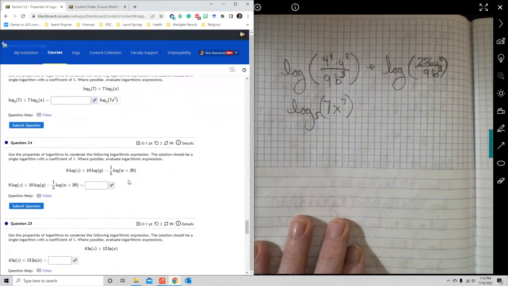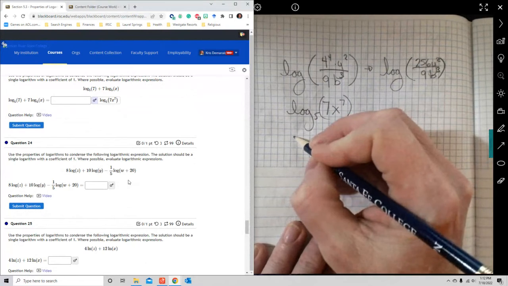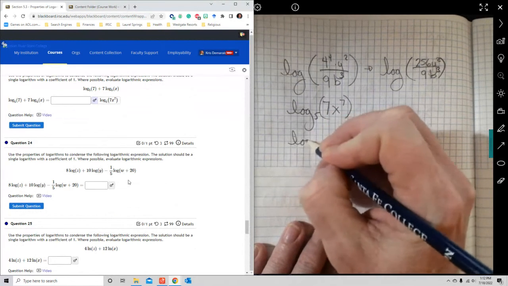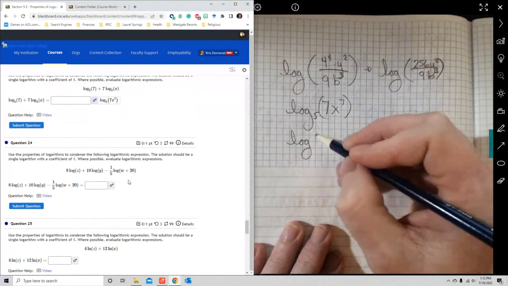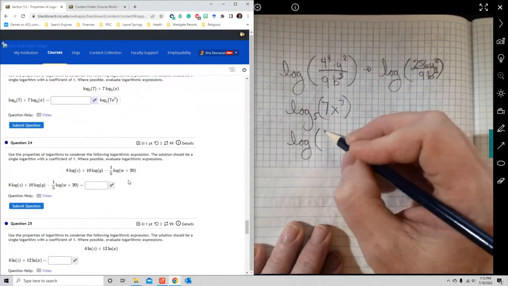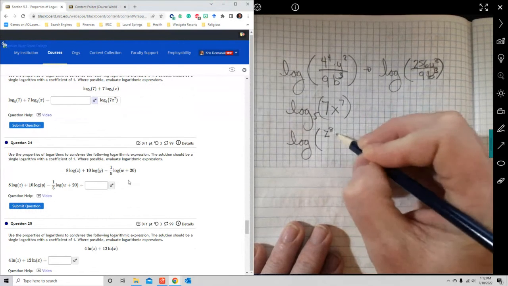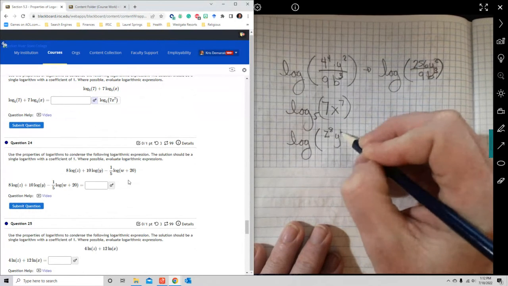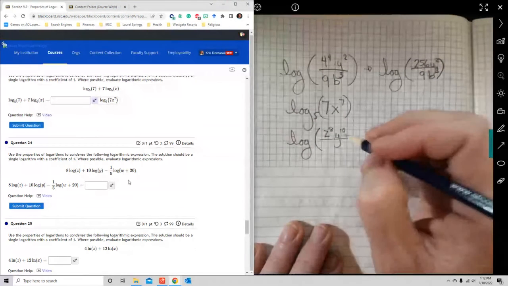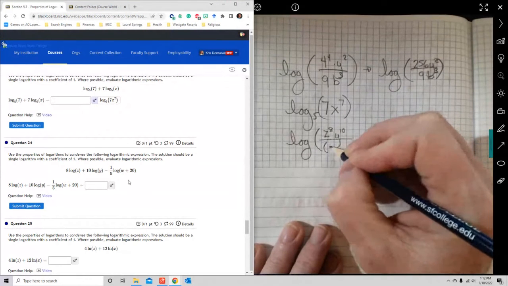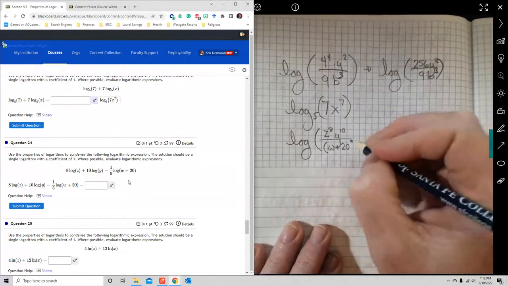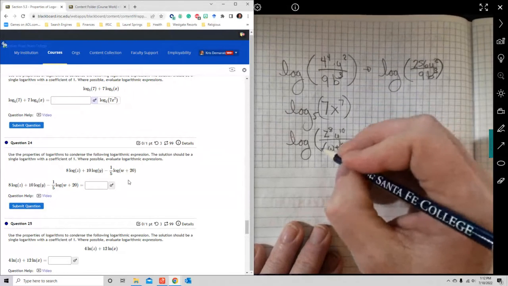Yeah, right. All right, now with this one, condensing, we're going to take log of, and it's all common log. Then we have z to the 8th, and then y to the 10th, all divided by w plus 20 to the 1/5 power.